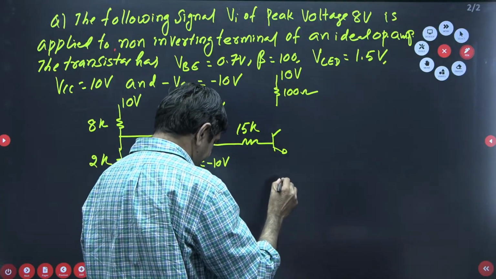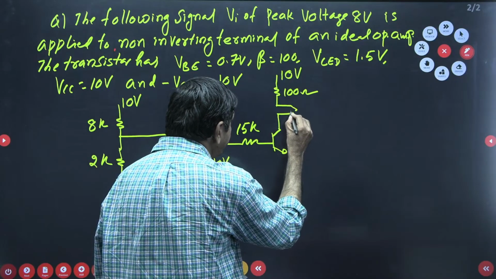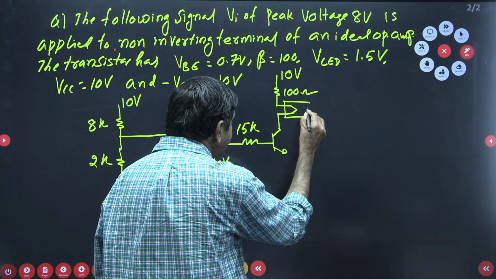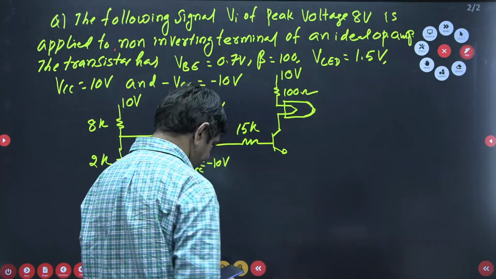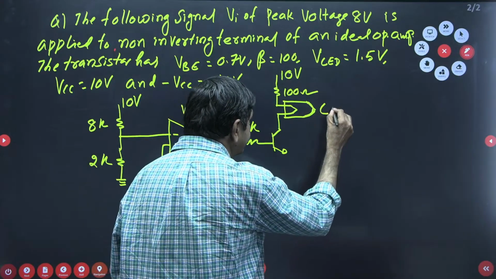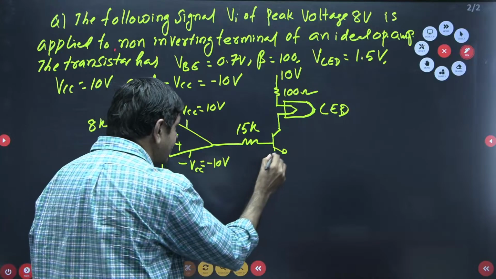Here the light emitting diode is connected, and this is connected to the ground.